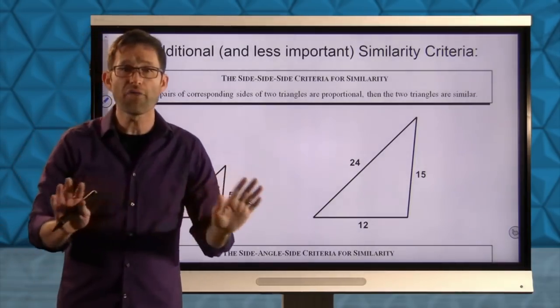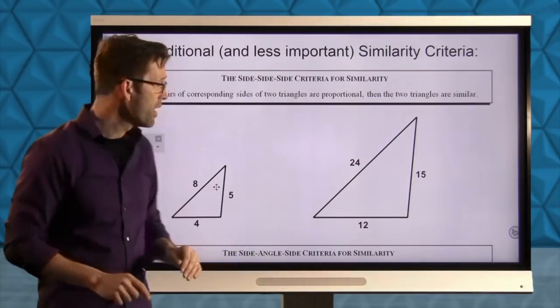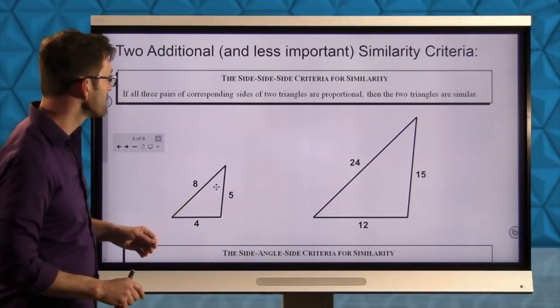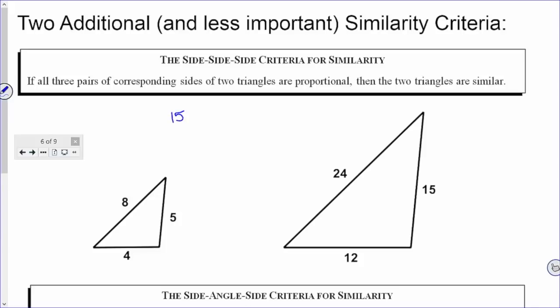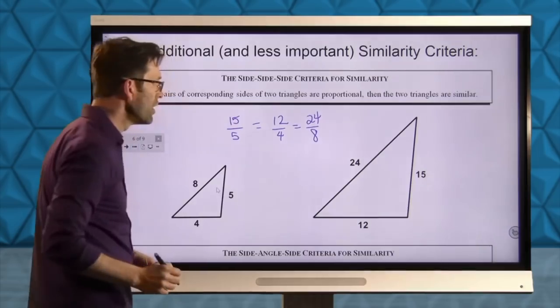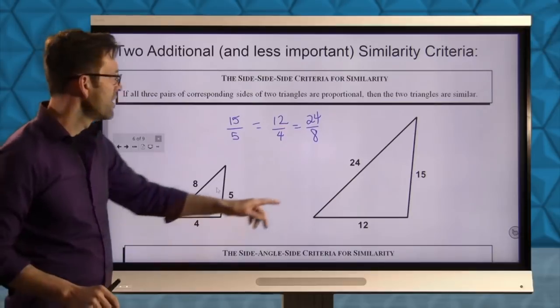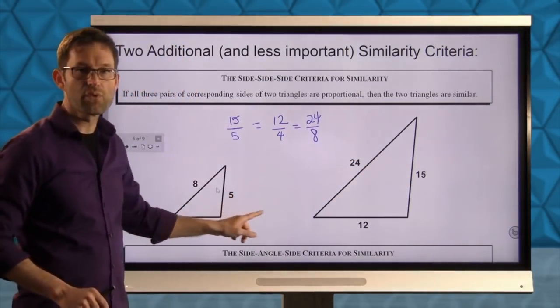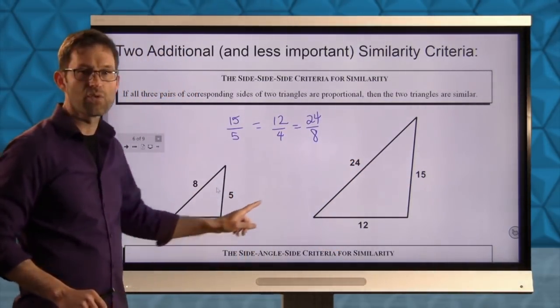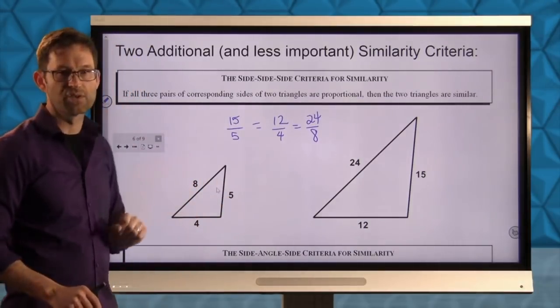Even if we know nothing about their angles whatsoever, if I look at these 2 triangles, I can say, oh, 15 divided by 5 equals 12 divided by 4 equals 24 divided by 8. Okay? So in other words, this divided by this is 3, this divided by this is 3, and this divided by this is 3.